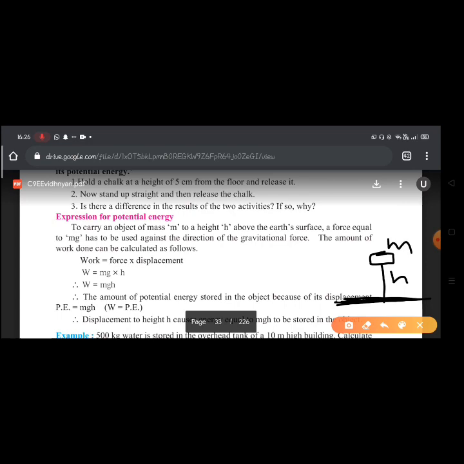A force equal to mg has to be used against the direction of the gravitational force. The amount of work done can be calculated with the help of the work formula. I hope you remember the work formula is force into displacement, and here the force is given by the gravitational force. So mass into gravitational acceleration into the height, where the height is the displacement. So work done is W = mgh.